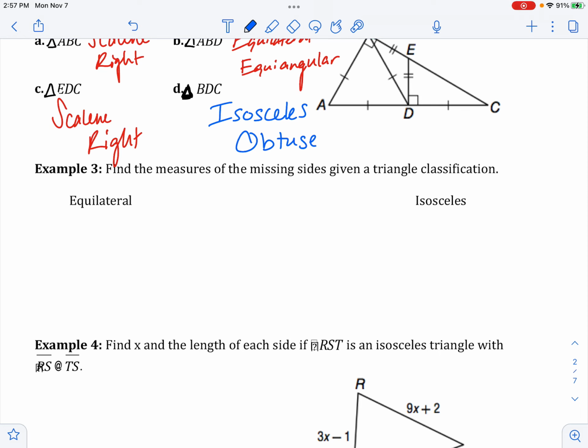Okay. Example 3, I'm going to give you an equilateral triangle DFG and an isosceles triangle, let's go with KLM.